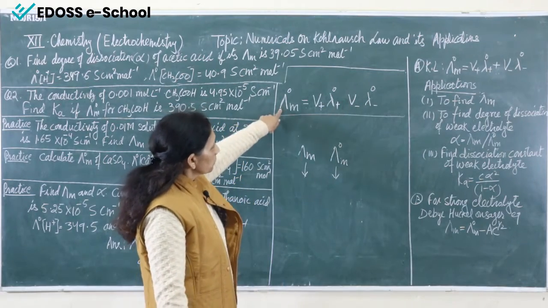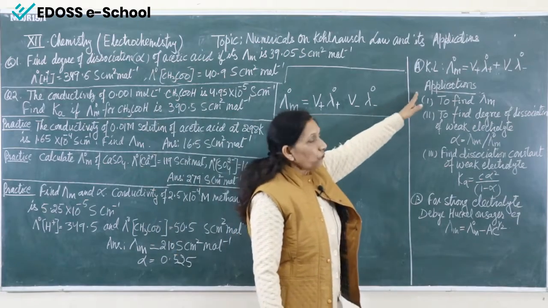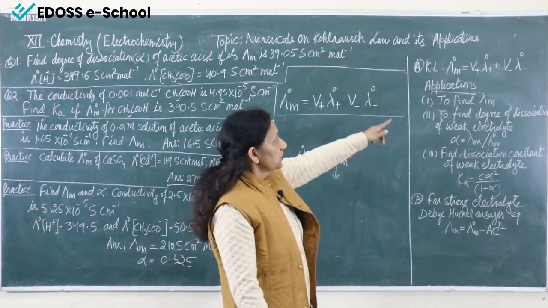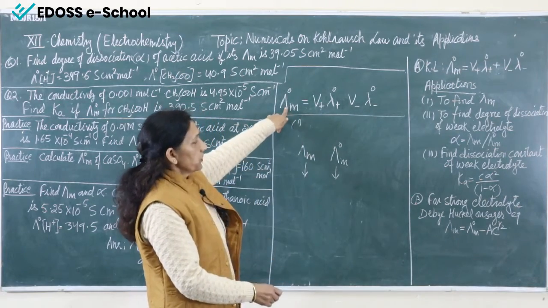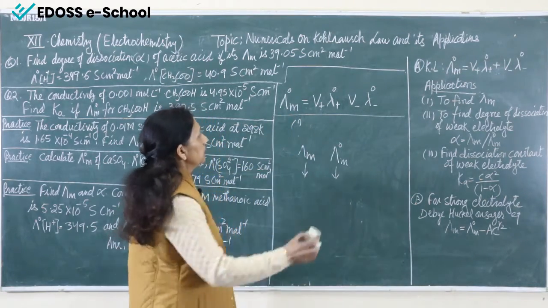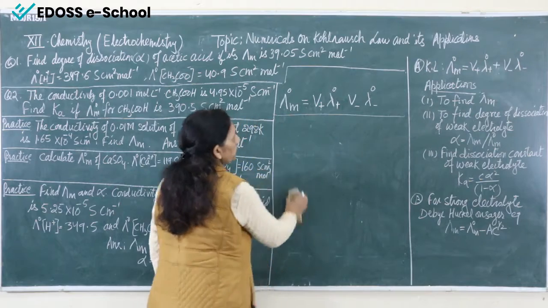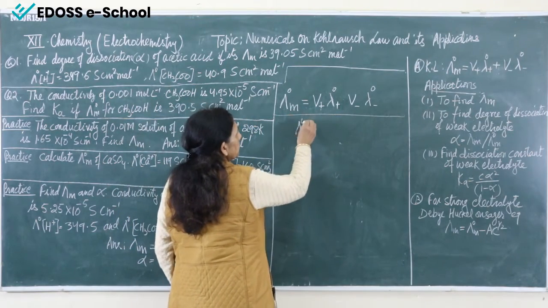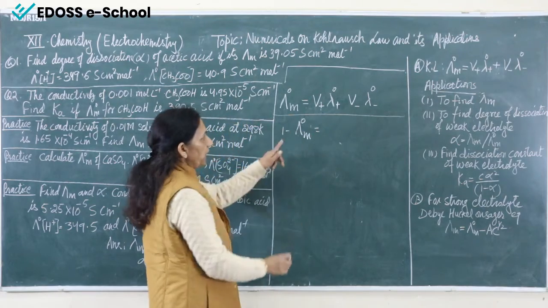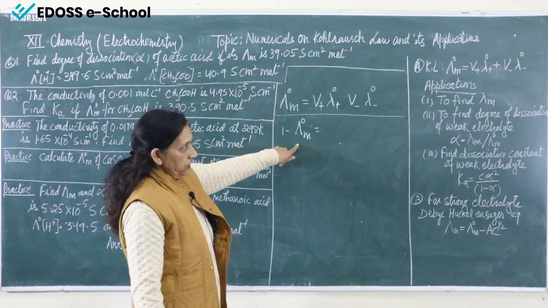Now this Kohlrausch's law can be used to find different things. The first application is to find lambda m naught, the limiting molar conductivity.